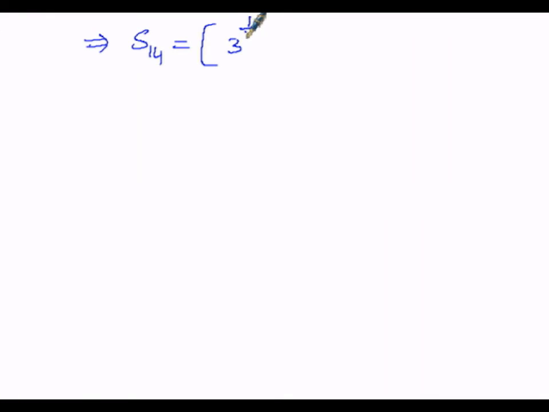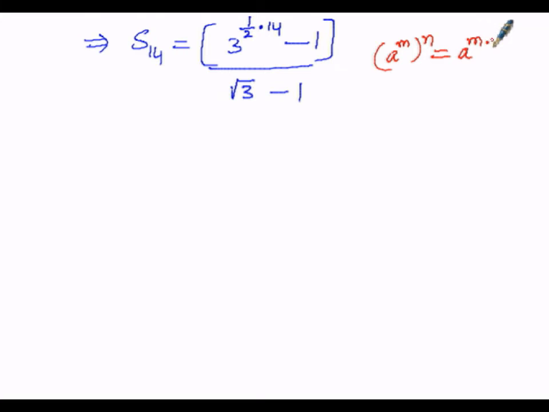Here I have utilized the identity A power m whole power n is equal to A power m into n, and based upon this identity I wrote this logical step.